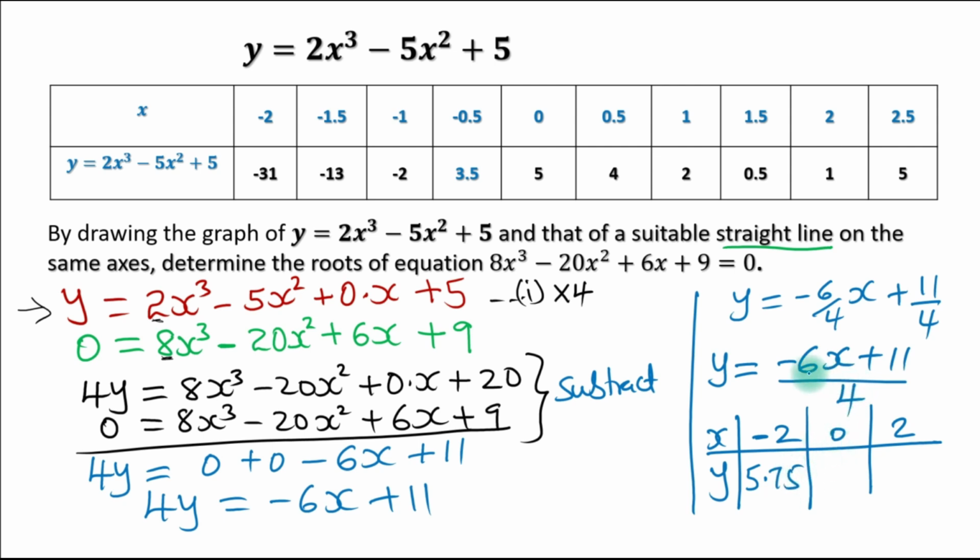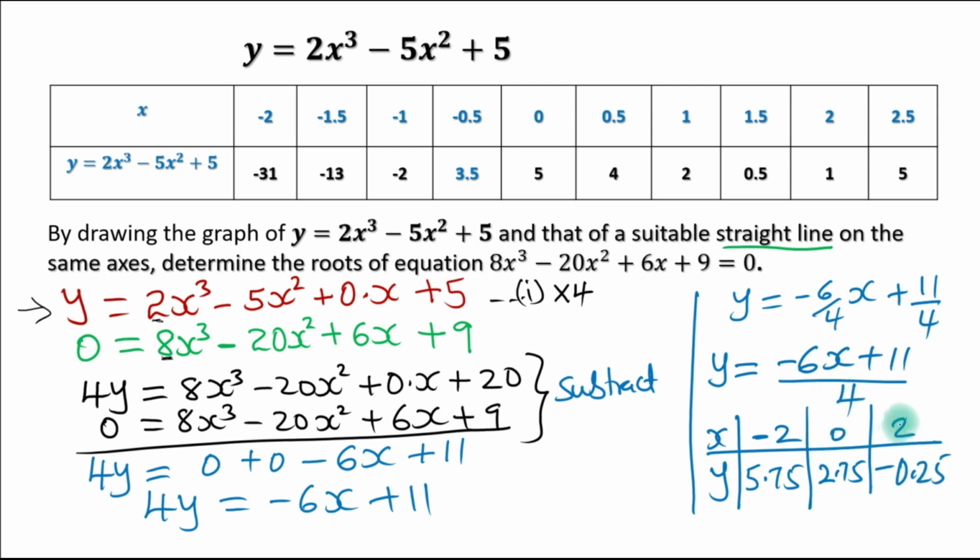Then when x is 0, minus 6 times 0 is 0, plus 11, we get 11 over 4, that is 2.75. When x is 2, minus 6 times 2 is minus 12, plus 11 is minus 1 over 4, so we get negative 0.25.